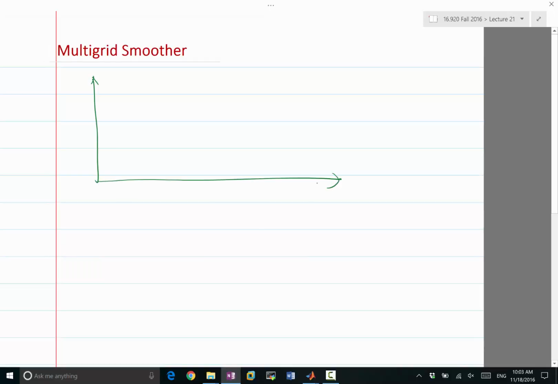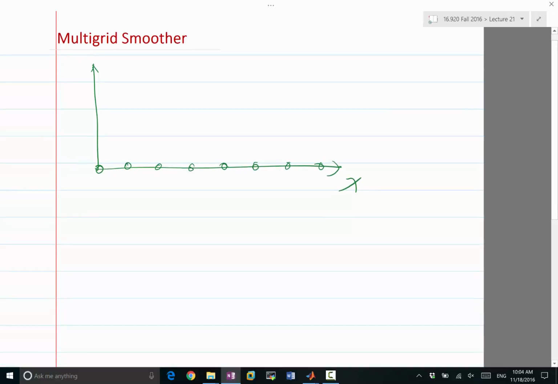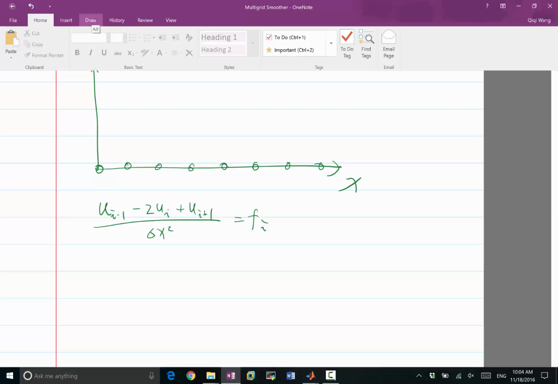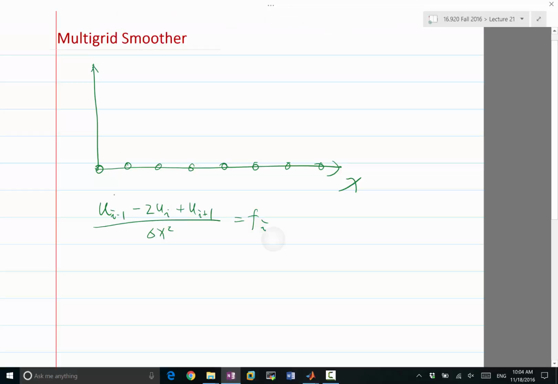In 1D, so X, we have grid points over here, and the matrix, let's just write down the discretization. So U of I minus 1 minus 2UI plus U of I plus 1, divided by delta X squared, equal to F of I. And to make the Jacobi iteration, we are assigning this to K. This is the lower diagonal part.